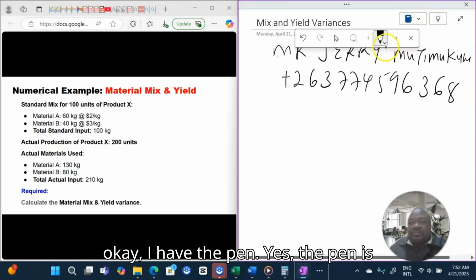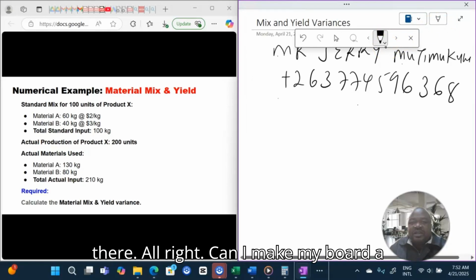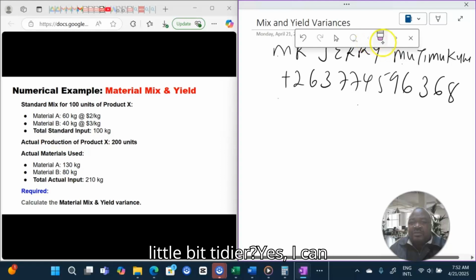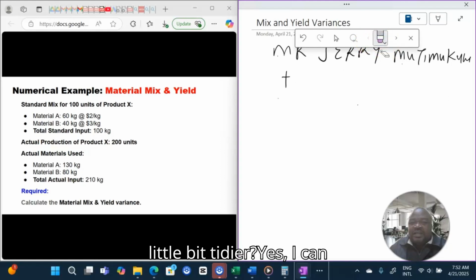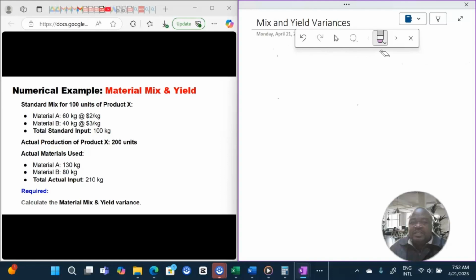Okay, do I have the pen? Yes, the pen is there. All right, can I make my board a little bit tidier? Yes, I can do that with ease.